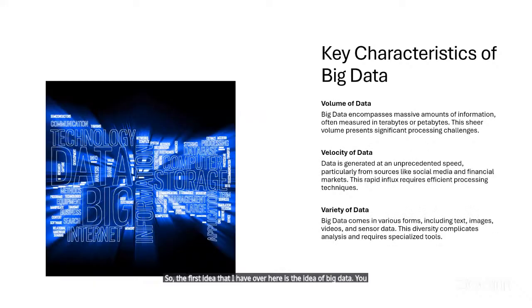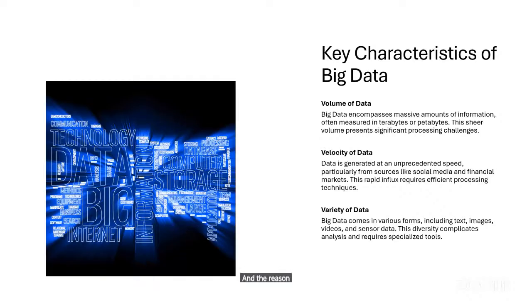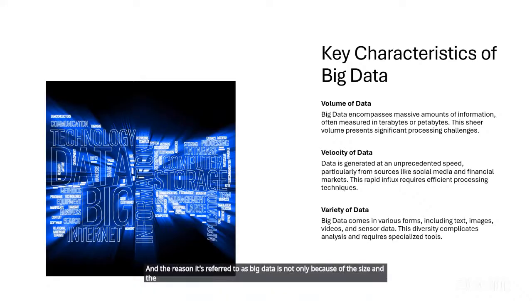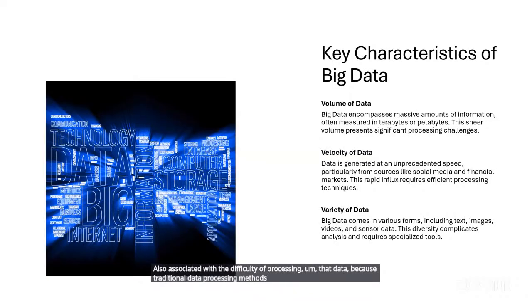Big data is typically defined as, I think the best description of that would be, large and complex sets of data. And the reason it's referred to as big data is not only because of the size and the complexity, but also associated with the difficulty of processing that data, because traditional data processing methods don't necessarily work effectively for big data.